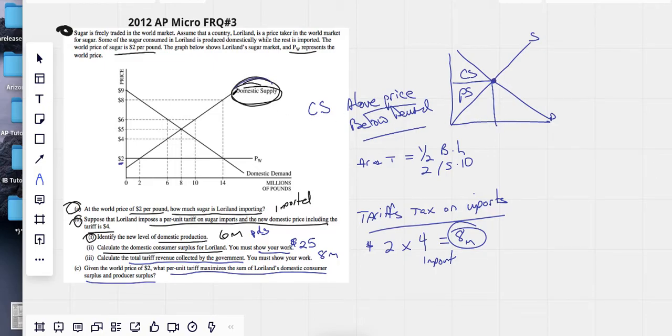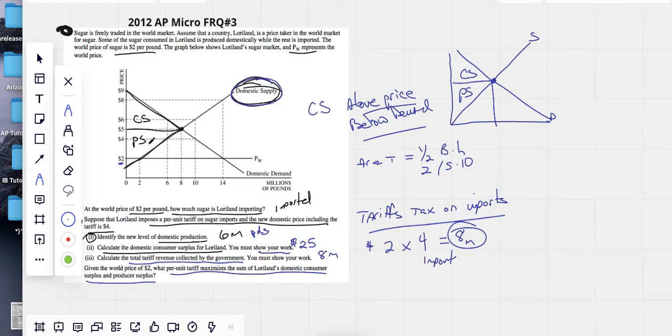But remember, we're not only trading with our country, we're trading with the world, right? So recognize that originally, before there was any trade with the world, this was consumer and producer surplus. Right there at that equilibrium, that would have all been consumer, that would have all been producer.